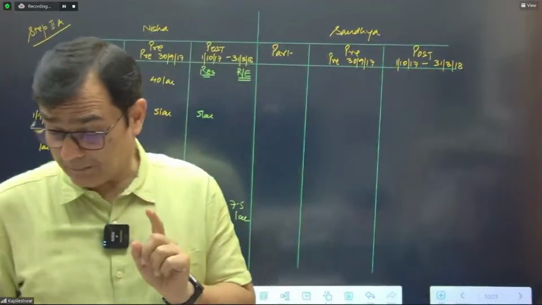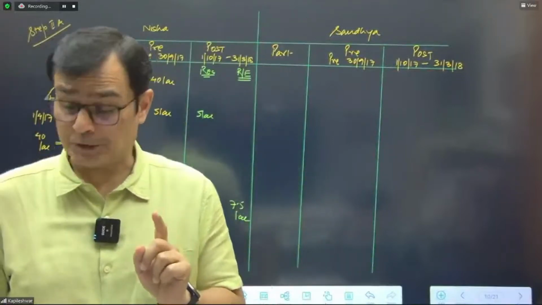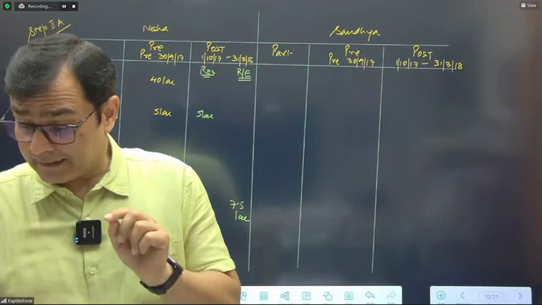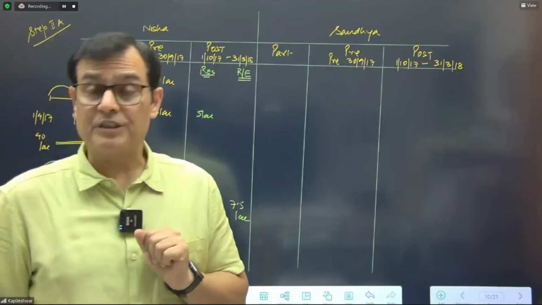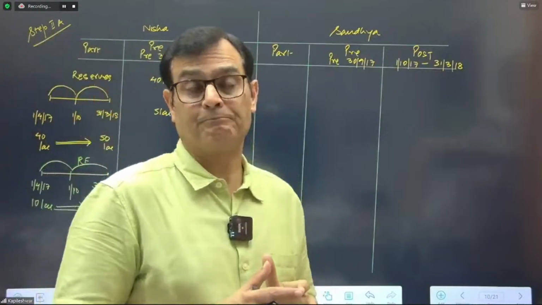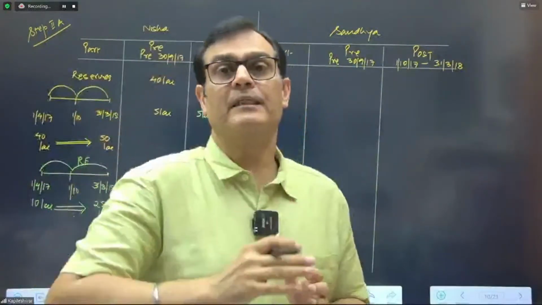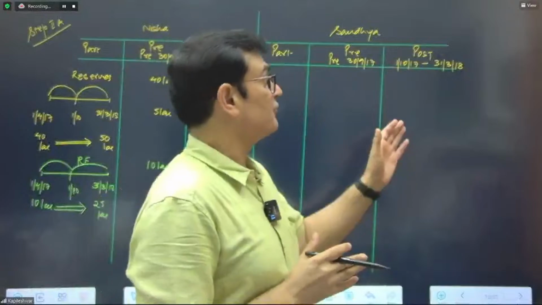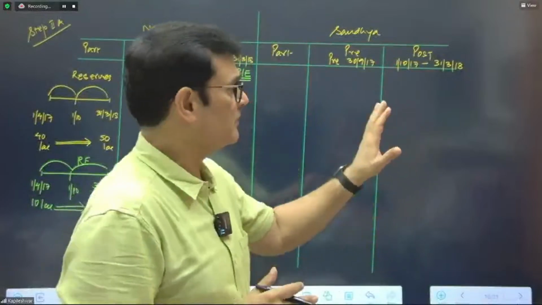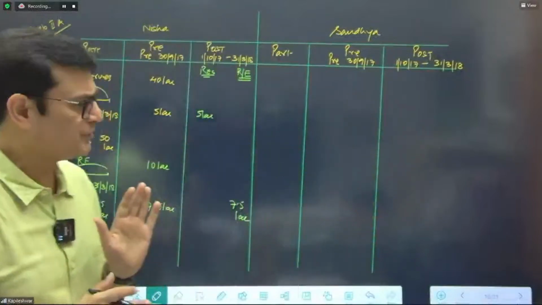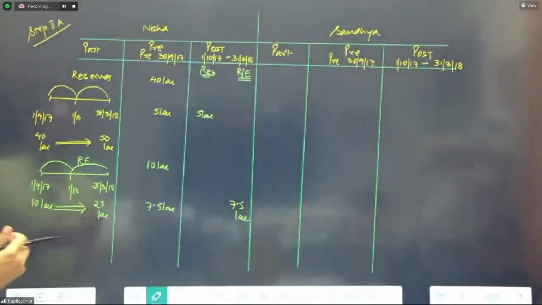No. In point number 4 in the additional information, I am given that inventory of Nisha includes something he purchased from Sandhya. So Sandhya made a profit on the deal, and you got to eliminate that from the analysis of Sandhya. So we're going to take care of the stock reserve in Sandhya's analysis. So this is, I think, taken care of.